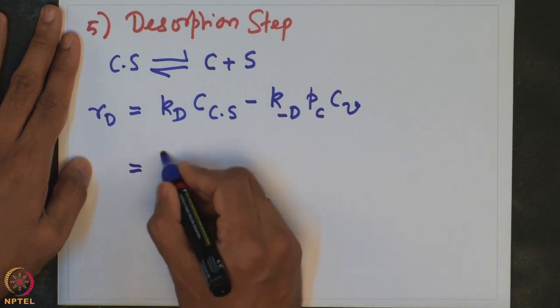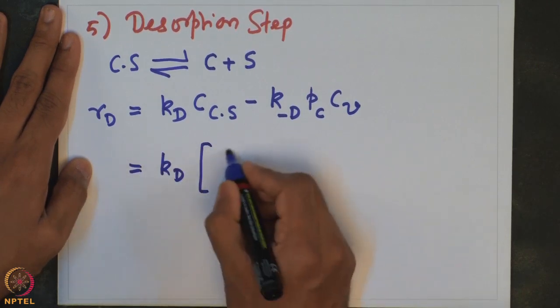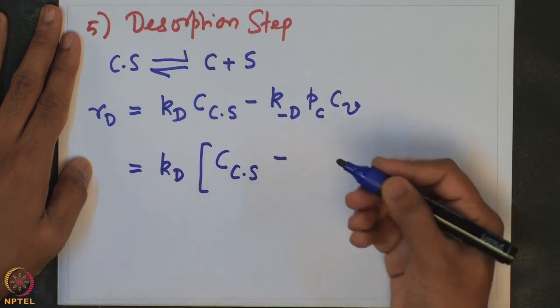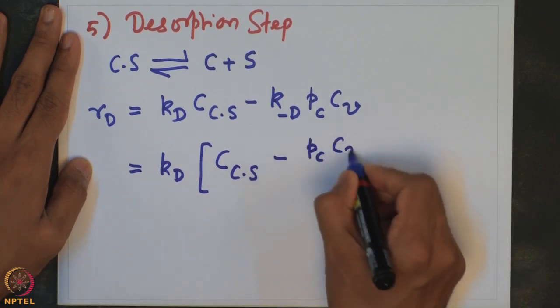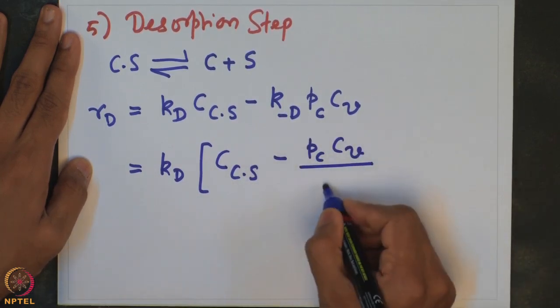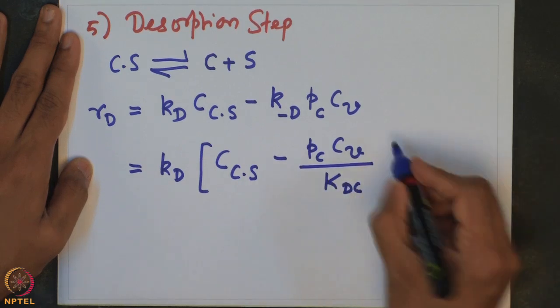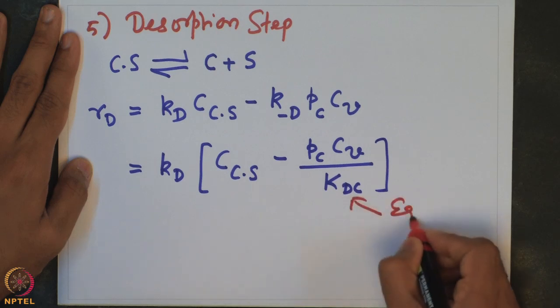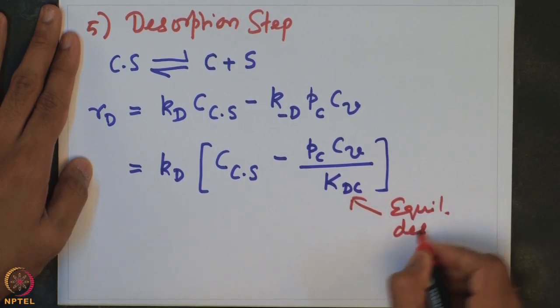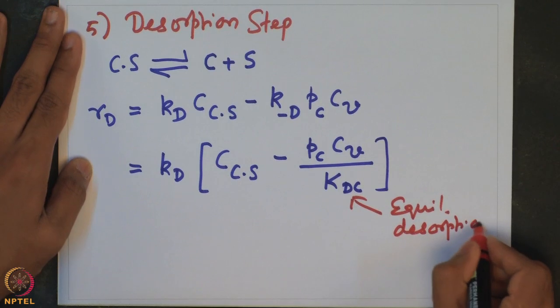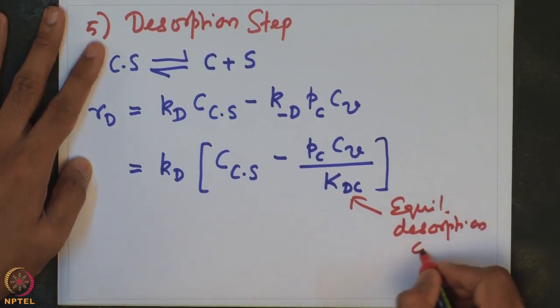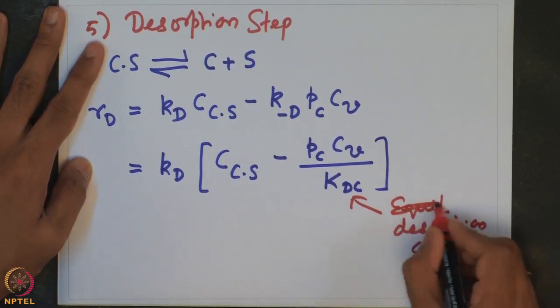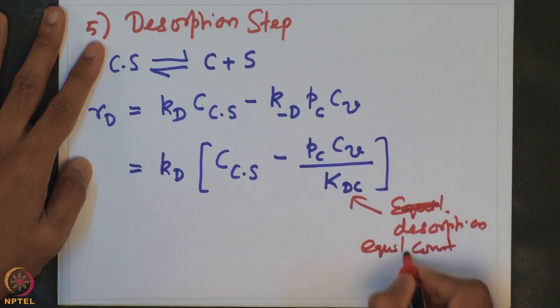So, I can now rewrite this as Kd into Cs minus Pc into Cv divided by Kdc, which is the desorption equilibrium constant.